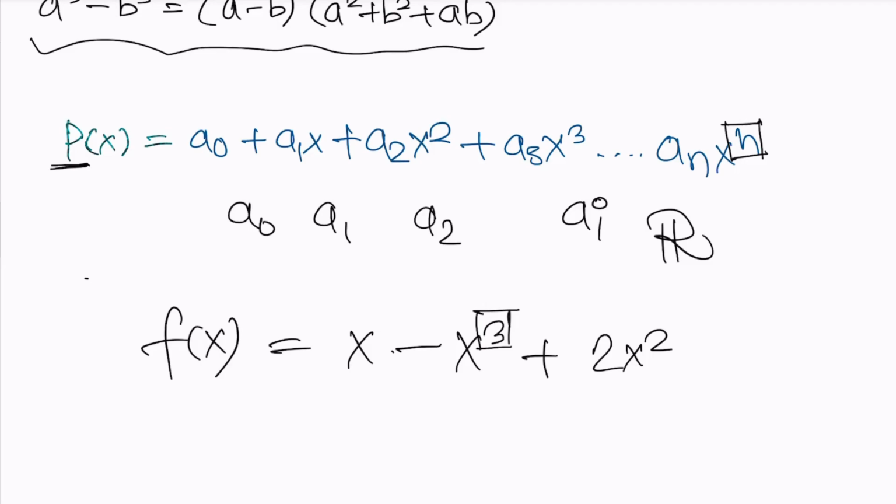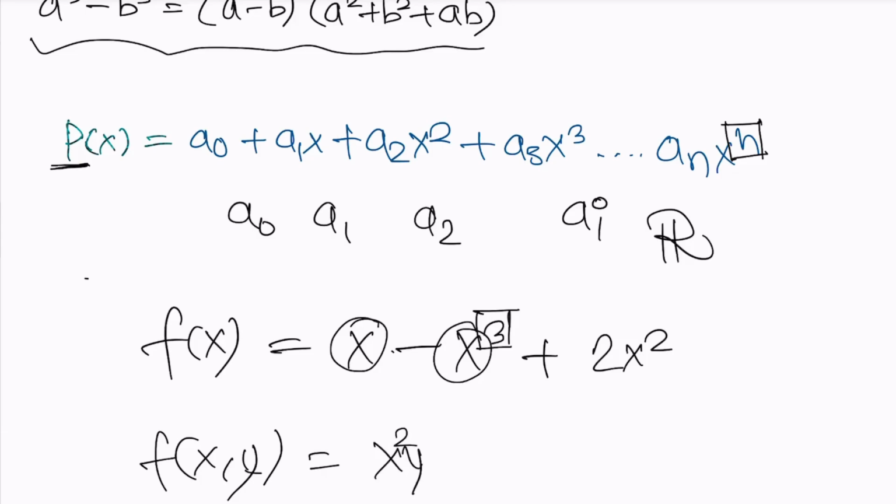So this is the case of a single variable polynomial. The only variable is x, but we can also have multiple variable polynomials such as f of x comma y. So there are two variables present in this. It's x squared y squared plus 5x cubed minus 2yz.